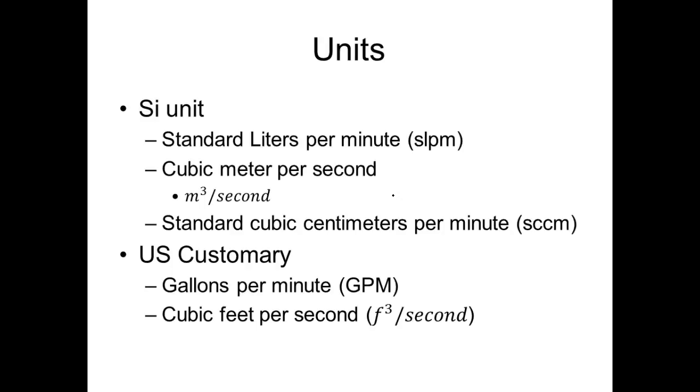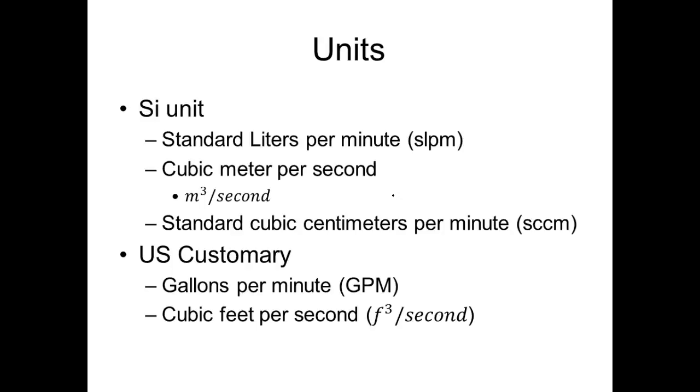So notice we have liters, which is a volume per unit. We have cubic meters per second, and this is the way we abbreviate it, m3 per second. Standard cubic centimeters per minute.